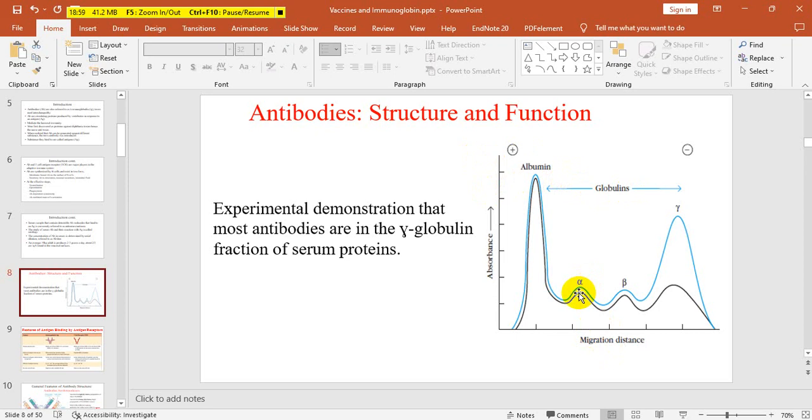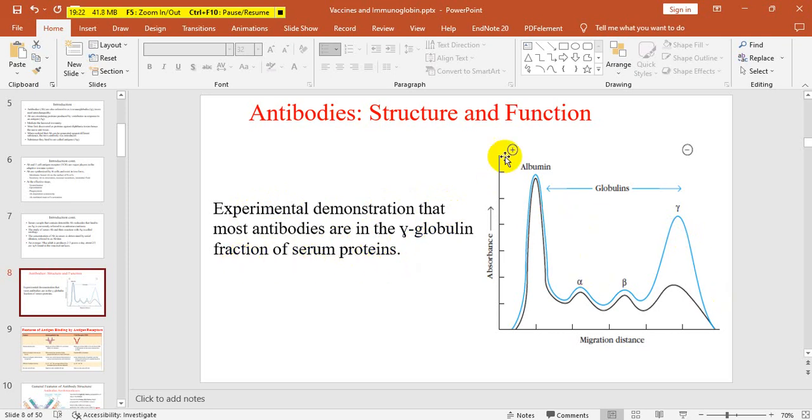And the globulins, we have alpha, beta, and gamma. But it is the gamma globulins that make up the antibodies. Experiments demonstrated that most antibodies are in the gamma globulin fraction of serum protein.